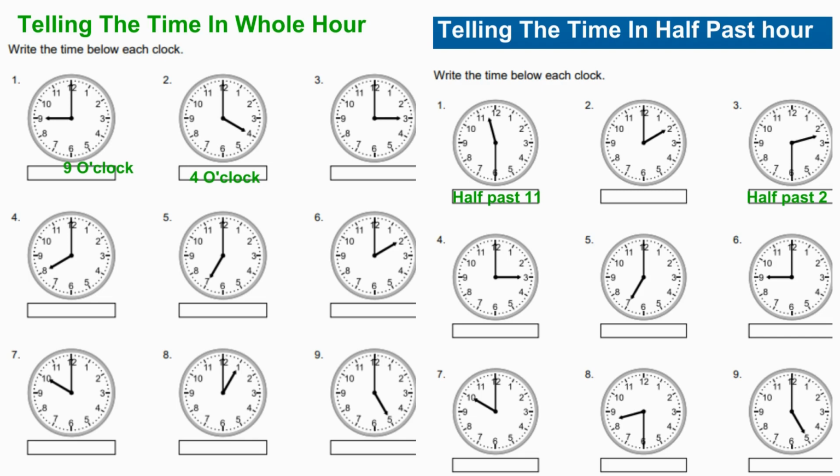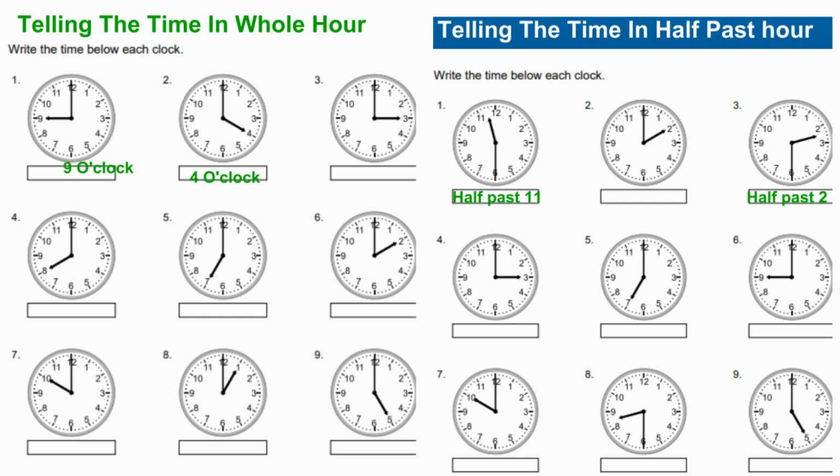When your short hand is on 3 and your long hand is on 12, that is 3 o'clock. Note that the short hand reads hour while the long hand reads minutes, and it takes 60 minutes to make an hour. Now take other questions as your exercise.